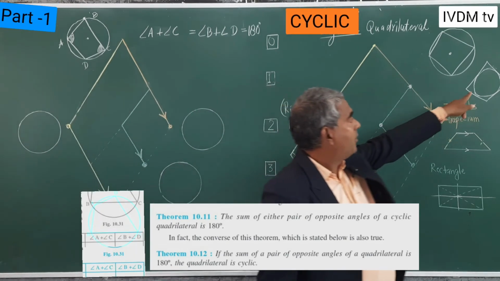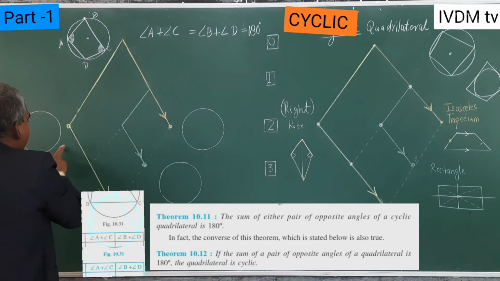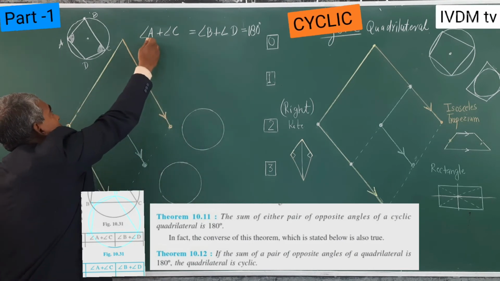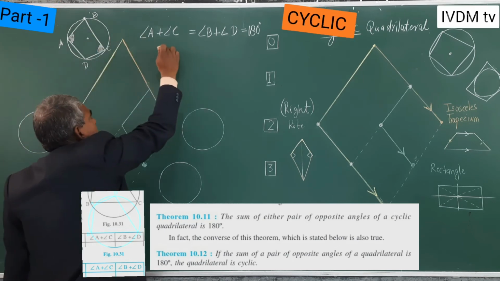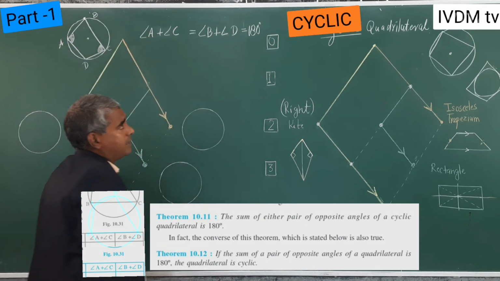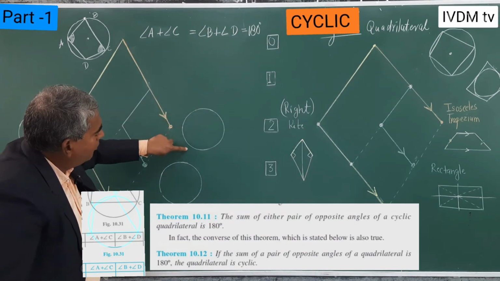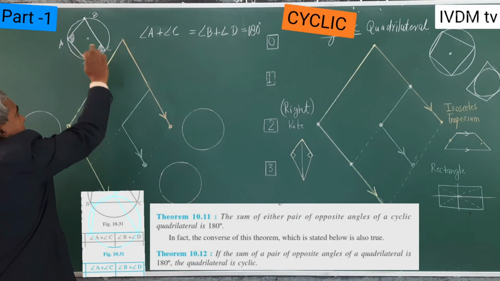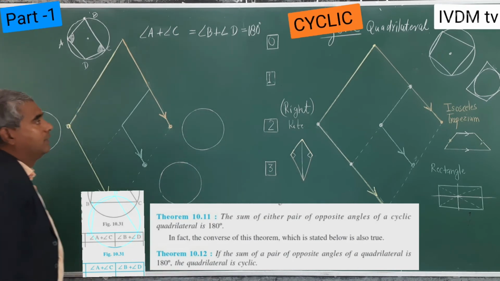In class 10th you will be taught about the case where the circle is inside and the quadrilateral is outside: the sum of opposite sides is equal, that is, AB plus CD is equal to AD plus BC. Such quadrilaterals can be formed outside of the circle, but here the quadrilateral is inside the circle, and that is called a cyclic quadrilateral.